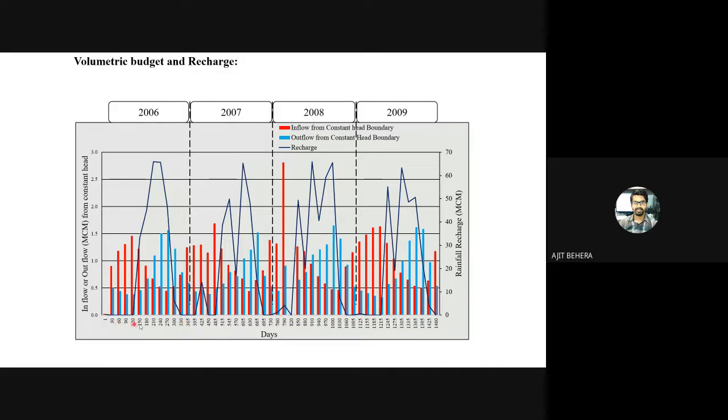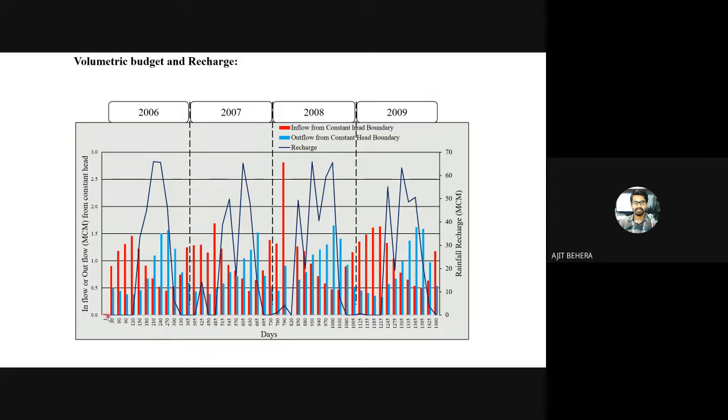Within these ranges we have the pre-monsoon period, monsoon period, and post-monsoon period. Pre-monsoon means when there is no rainfall, monsoon is when there is rainfall, and post-monsoon is after the monsoon period.